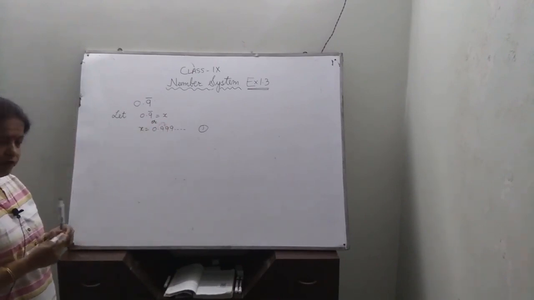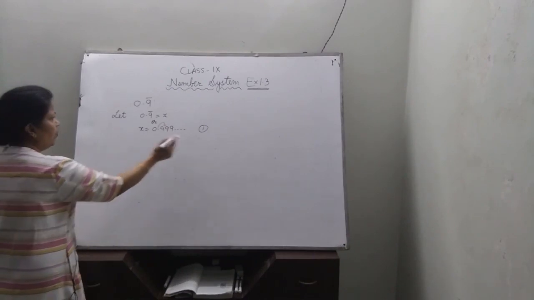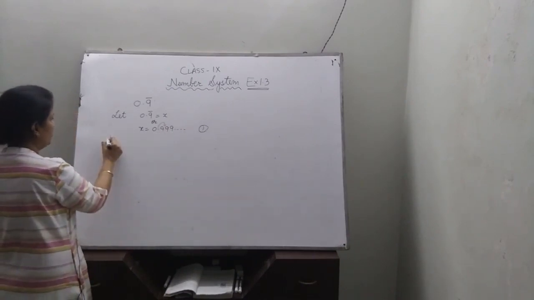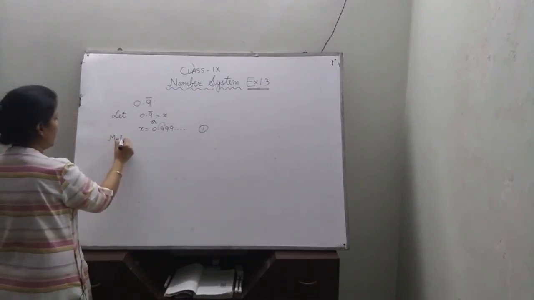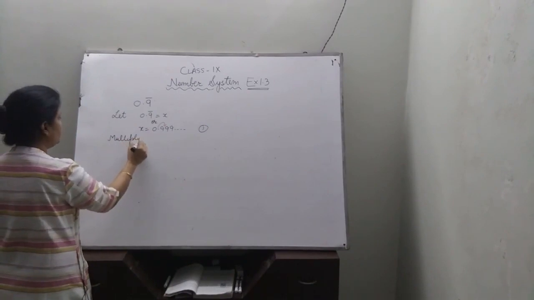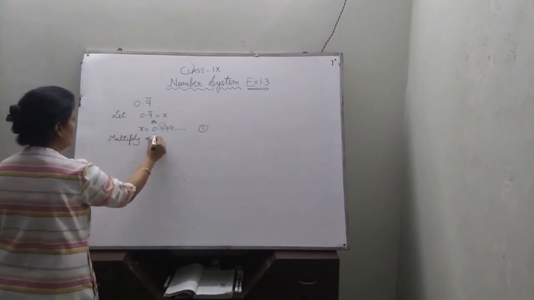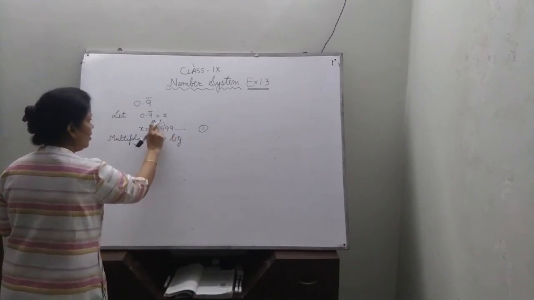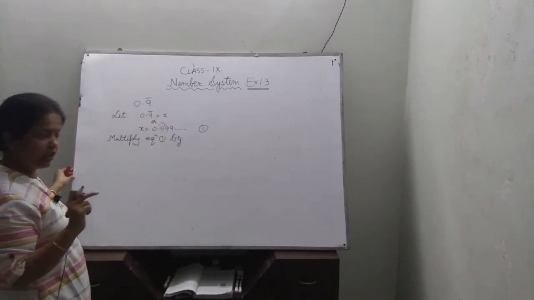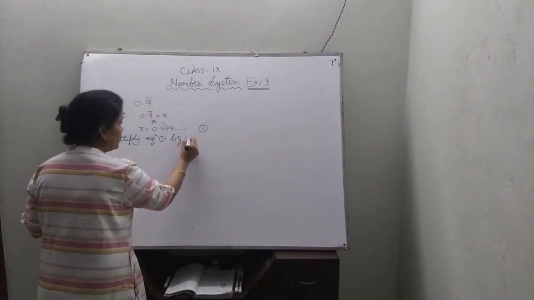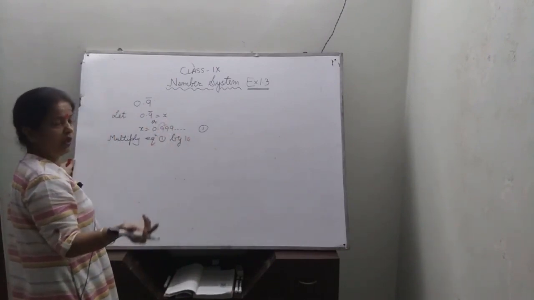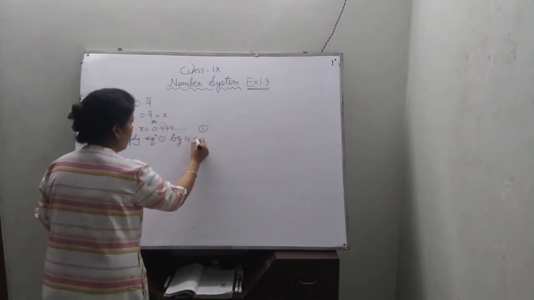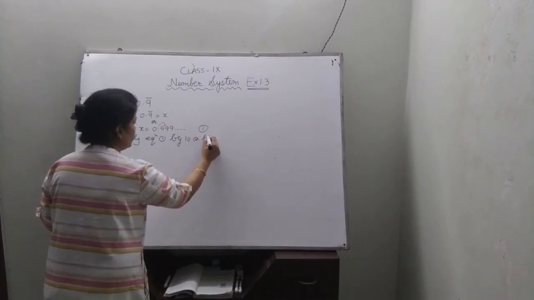So how can we shift it? By multiplying equation 1 by 10, only one digit you are shifting, so by 10 with as many zeros as digits to shift, on both sides.